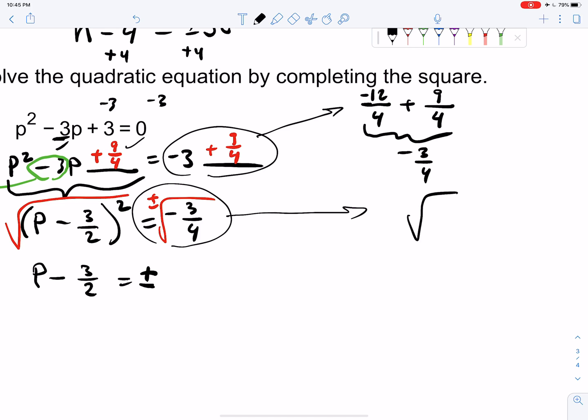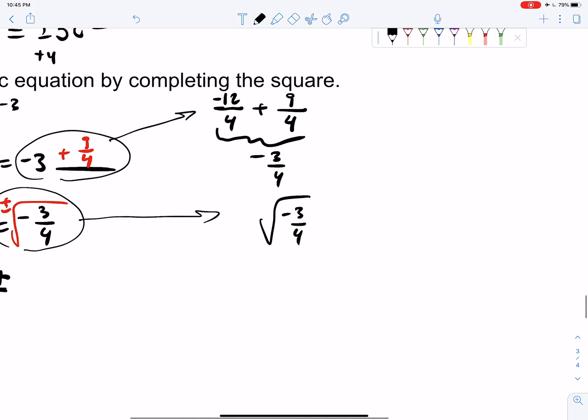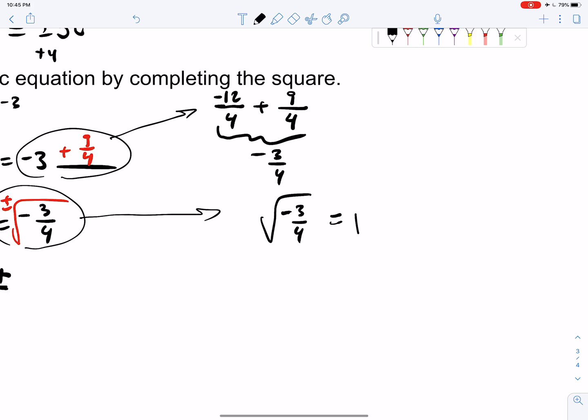I'm just going to concentrate on this idea right here. Okay. I think the very first step we can do is remember when you have a negative under the radical, simplify it with the imaginary unit. Replace a negative under the radical with i, and that i is on the outside of the radical.